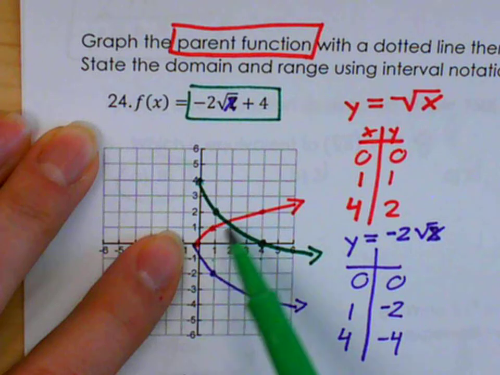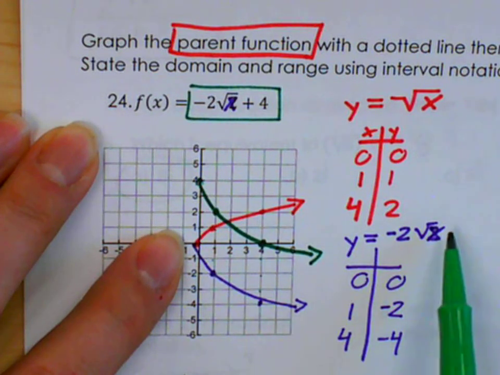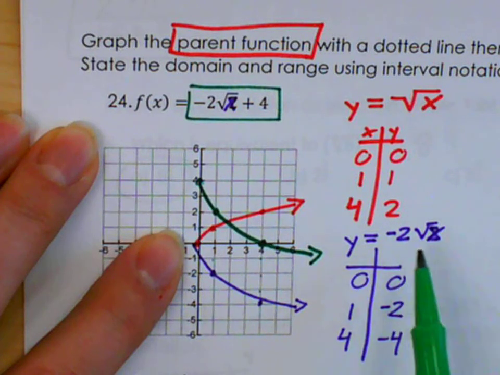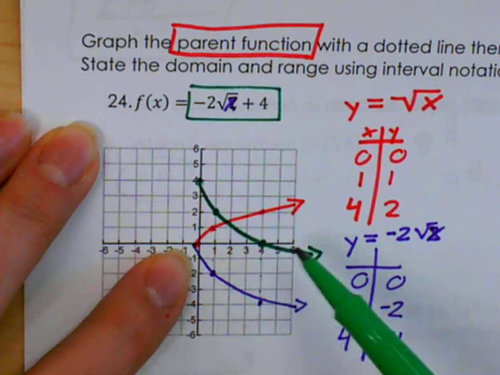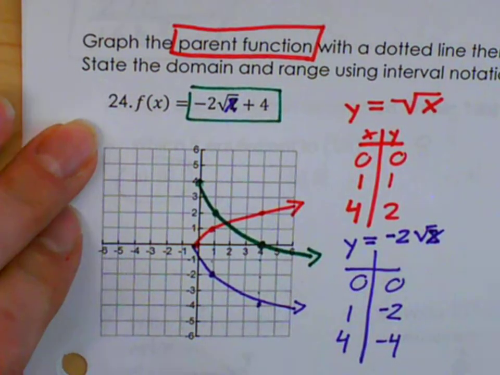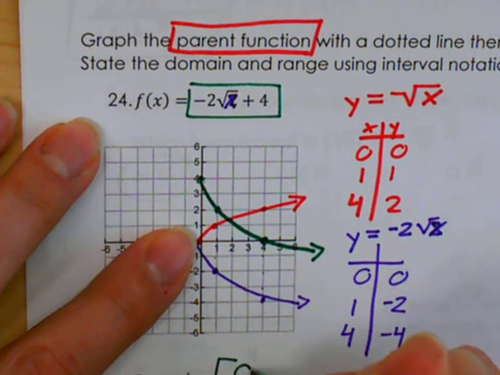So my parent function is this, but what I actually want to do my movement from is this piece here, -2 times the square root of x, with the reflection and the stretch. And each point moves up 4, and now this green line is my new function. So my domain, my x values start at 0, and they go on forever, all the way to infinity.